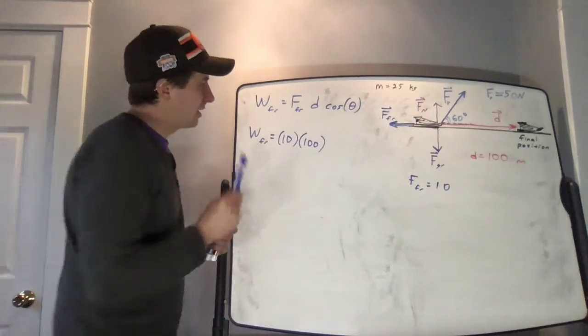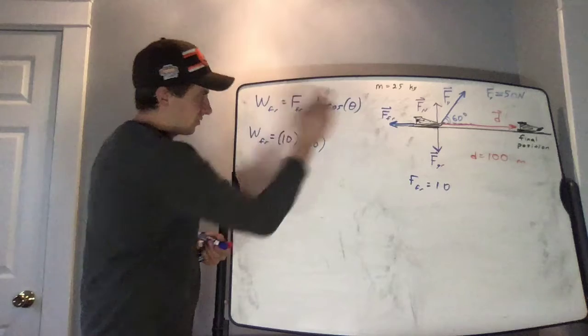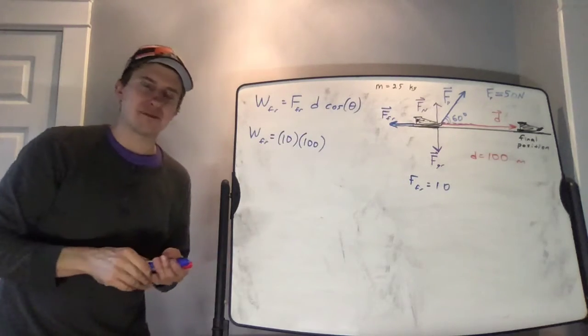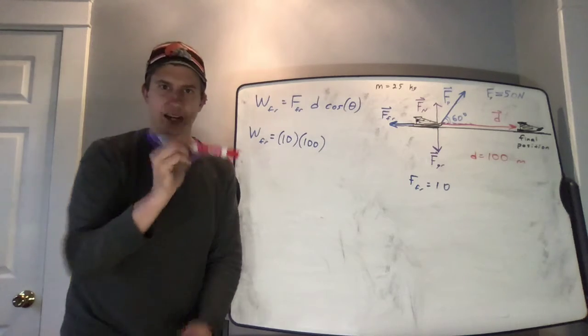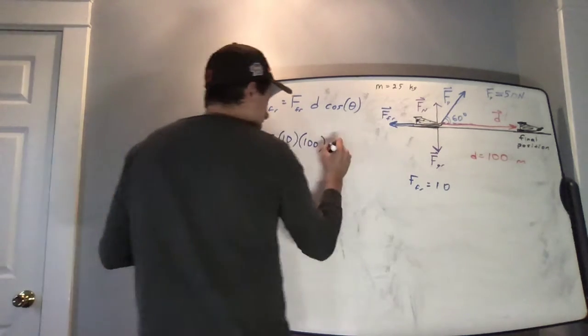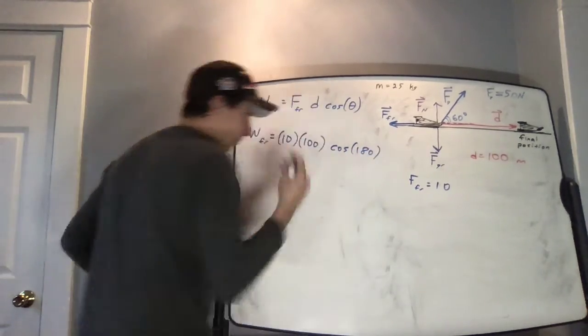In this case, displacement is entirely to the right, the force of friction is entirely to the left, so the angle between these two vectors is 180 degrees. So I would write cosine of 180 right here.